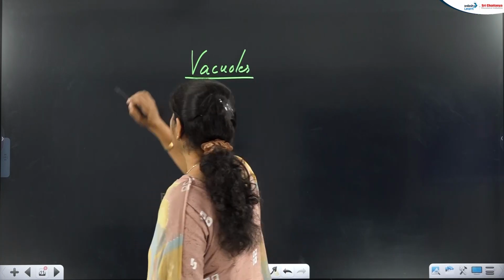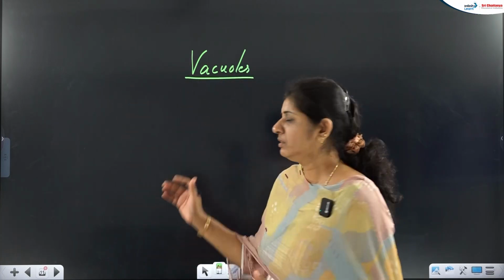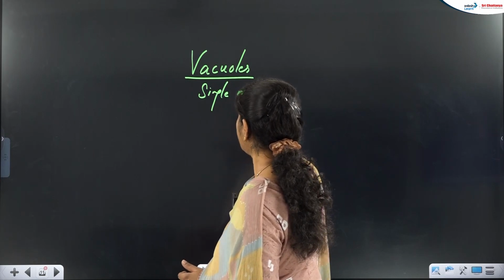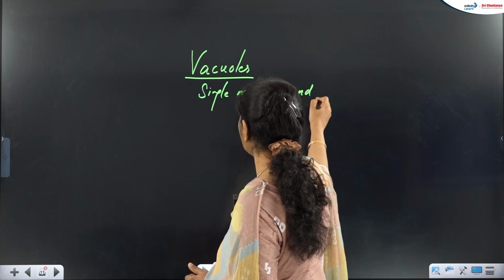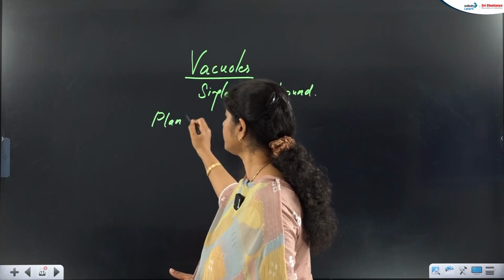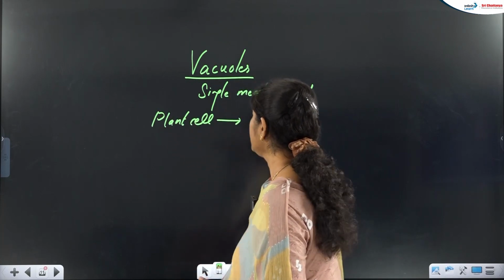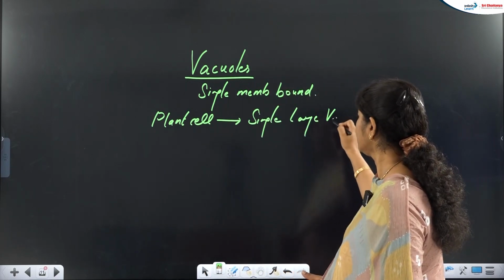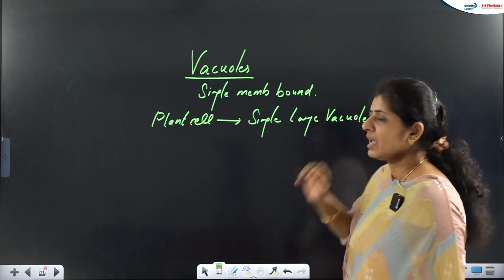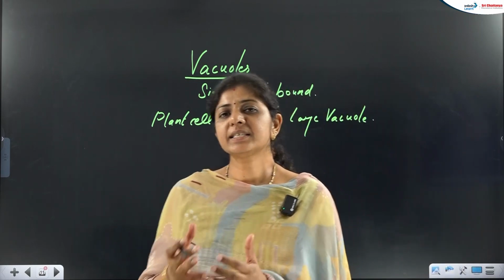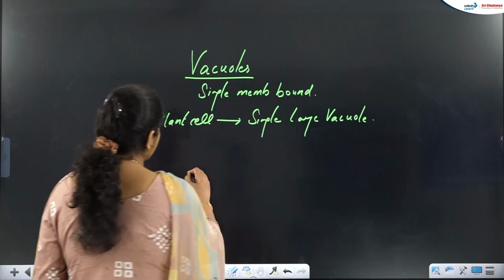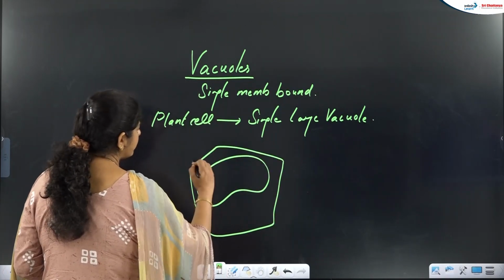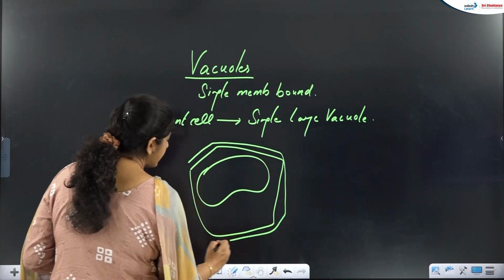Vacuoles are even single membrane bound structures. This is even single membrane bound, right? But if I am discussing the plant cell, as I just discussed with you in the beginning of the session, it has a single large vacuole, which is big in size, and whatever extra ions are there, it picks them up. Suppose this is a plant cell and here is the single large vacuole, outside is the cell wall.